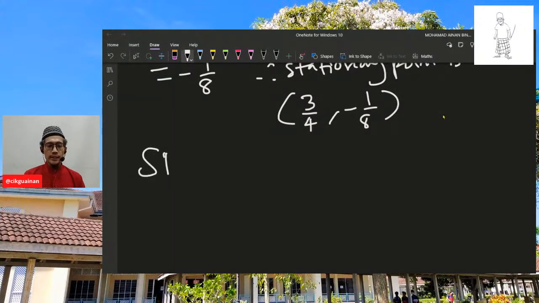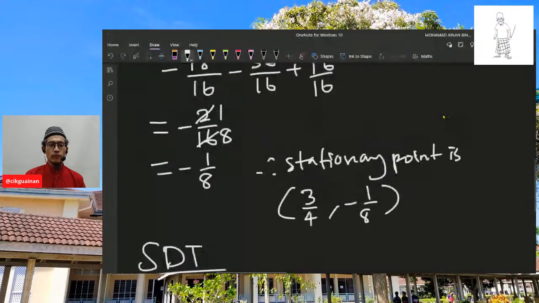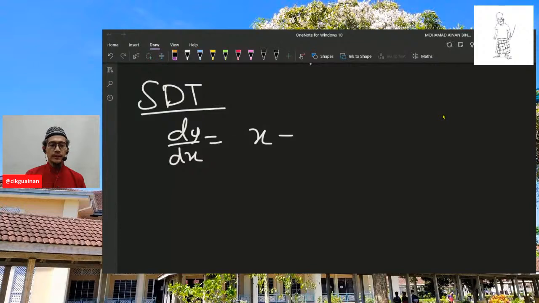So, how do we do the second derivative test? First, find the second derivative. Just now, dy/dx is 3x minus 4, isn't it? No, 4x minus 3. Masya Allah, my mistake. Now, let's find the second derivative.